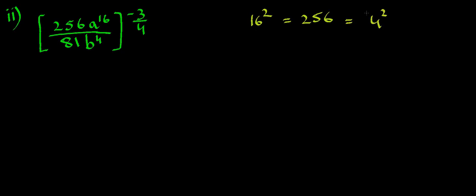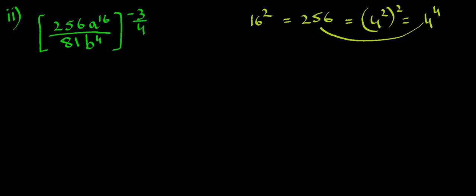So I can say 4 square, the whole square. That in turn will give me 4 raised to, remember the product law, 2 multiplied by 2, 4 raised to 4. And here is the 4 which I was looking for. So this 256, I am going to write as 4 raised to 4.